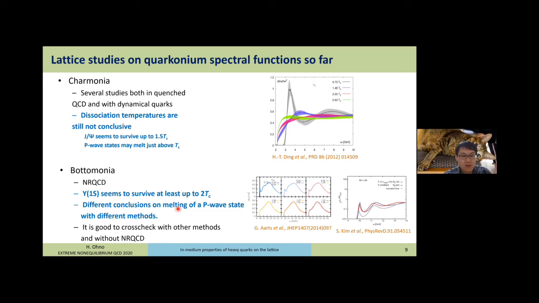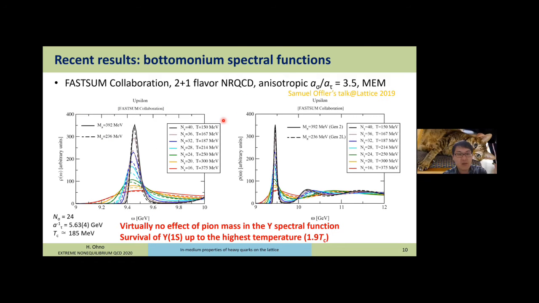Since this is an NRQCD result, it is also good to cross-check these results without using NRQCD. So here I will show some recent updates on this type of study, especially some results shown at the Lattice conference last year.